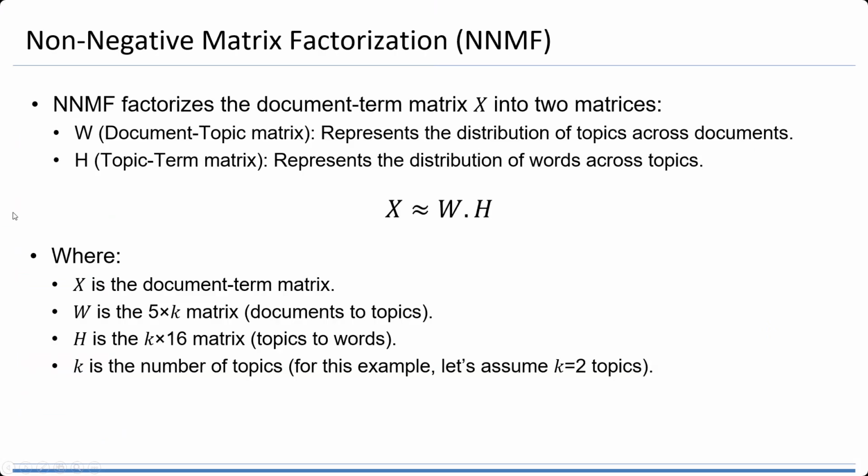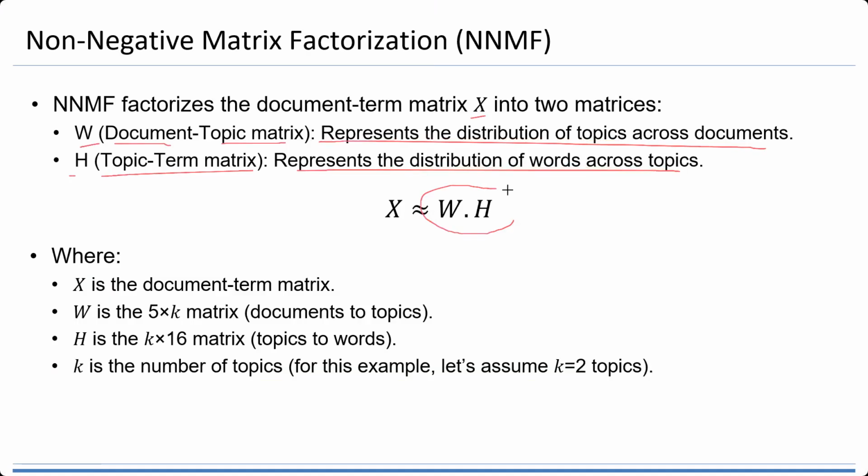Previously I mentioned V, but let me just use X. So we want to decompose X into 2 matrices. So the matrix W is the document topic matrix, representing the distribution of topics across documents. And then H is the topic term matrix. It represents the distribution of words across the topics.